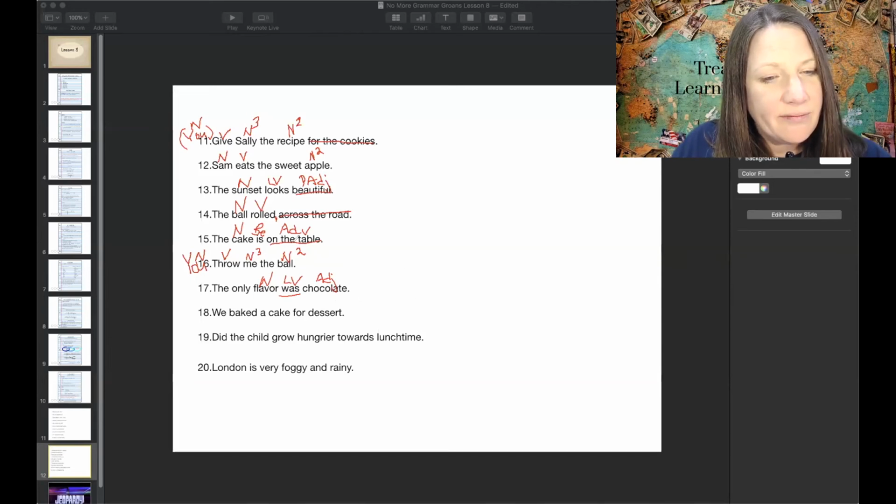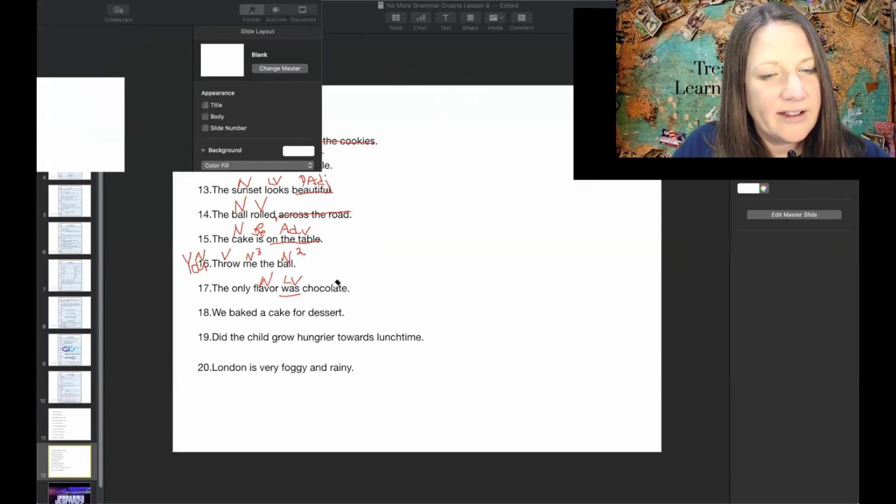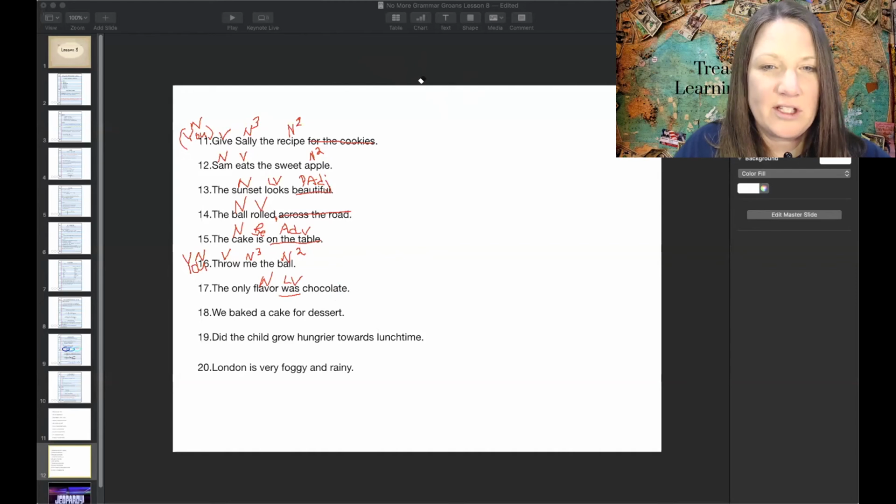Actually, I'm going to call that a noun 1. The only flavor was chocolate. Chocolate was the flavor. I think chocolate is a noun that would rename the flavor. I'm going to call it a noun 1.